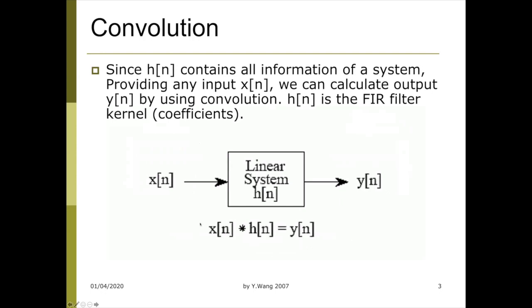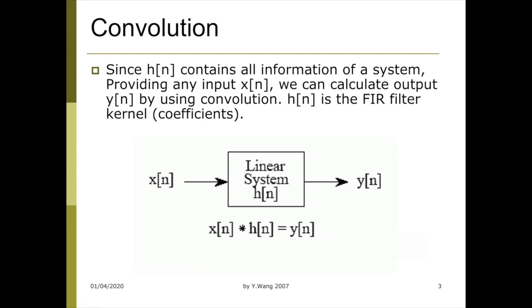There are other ways to implement it, but the simplest, most intuitive way is using convolution. So we can then use this impulse response, h[n], as a filter kernel, or FIR filter kernel. In the digital filter domain, there are quite a lot of different terminologies.